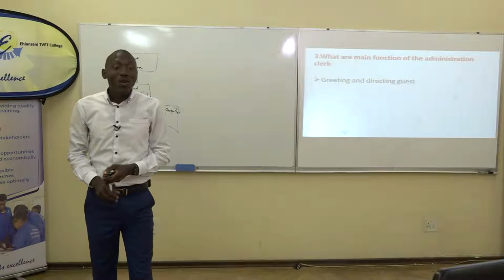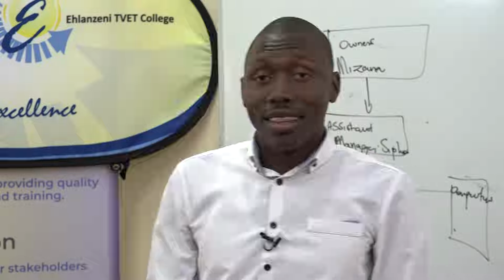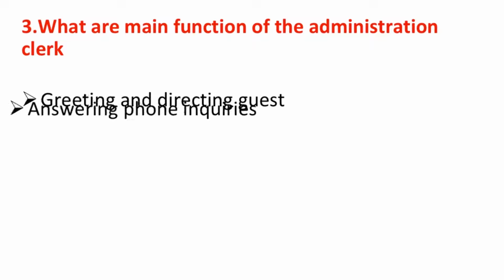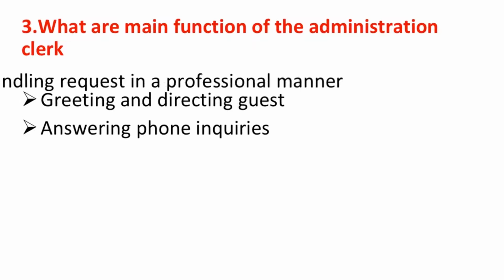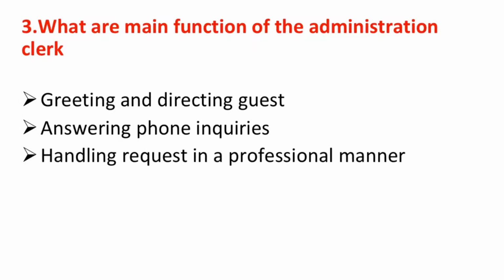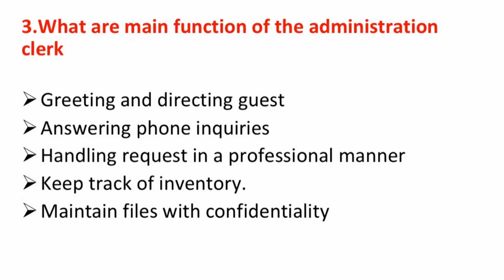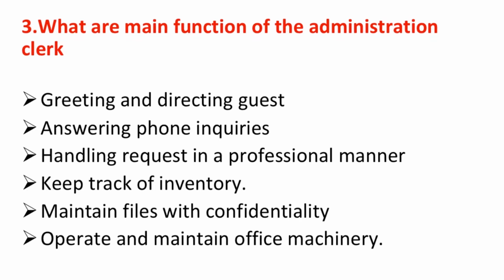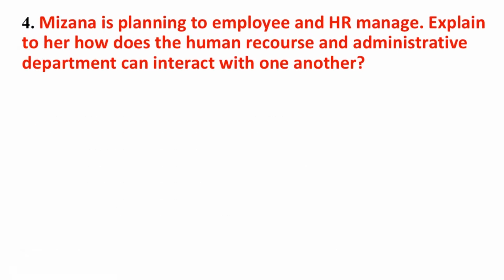She is the one who greets and directs the guests. The second, answering the phone inquiries. The third one is handling requests in a professional manner. The fourth one, keeping track of inventory. The fifth one is maintaining files with confidential information. And the last one, operating and maintaining office machines.